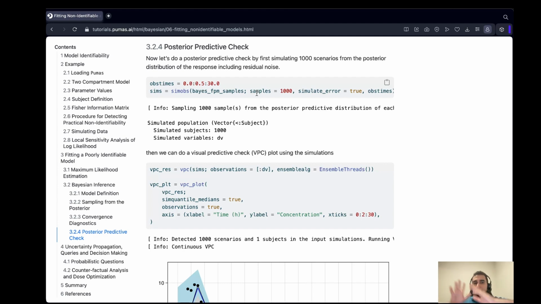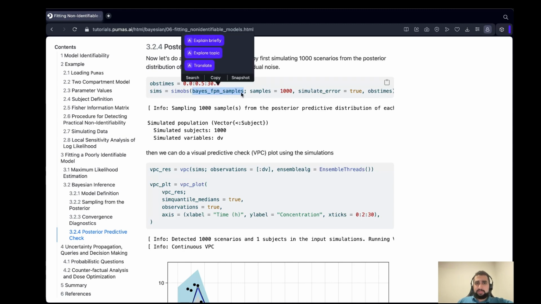So I can simulate the distribution of the response given the posterior distribution of the parameters. The way we do this in Pumas is by passing the output of fit or discard to simobs. So simobs is our simulation function, which we've used before in a different setting.